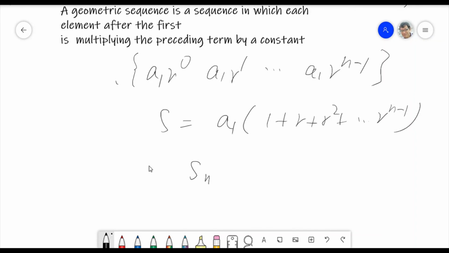So Sn equals n a1 when r equals 1. When r is not 1, it's a1 times 1 minus r to the n, divided by 1 minus r.